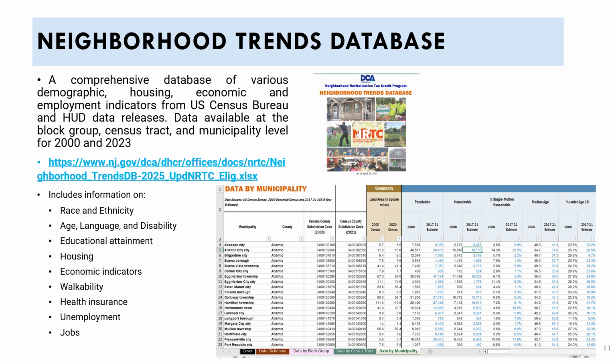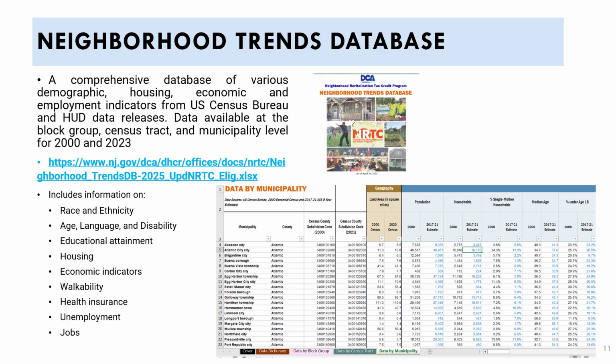Our next resource is the Neighborhood Trends Database. This is a comprehensive database of various demographic, housing, economic, and employment indicators from the U.S. Census Bureau and HUD data releases. Data are available at the block group, census tract, and municipality level for 2000 and 2023.